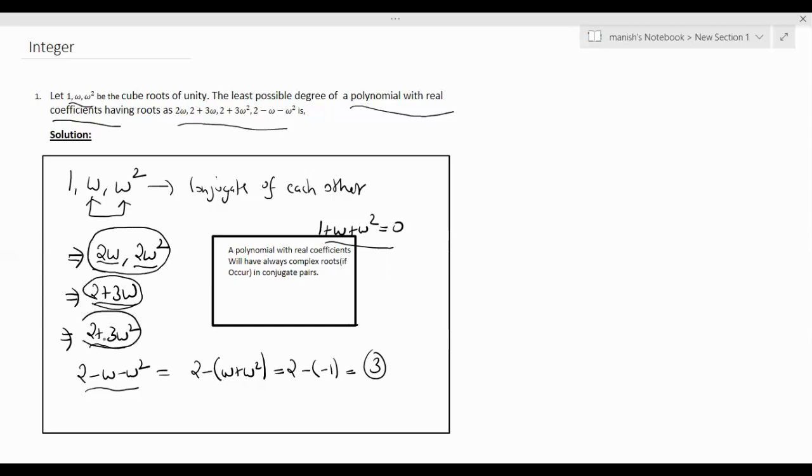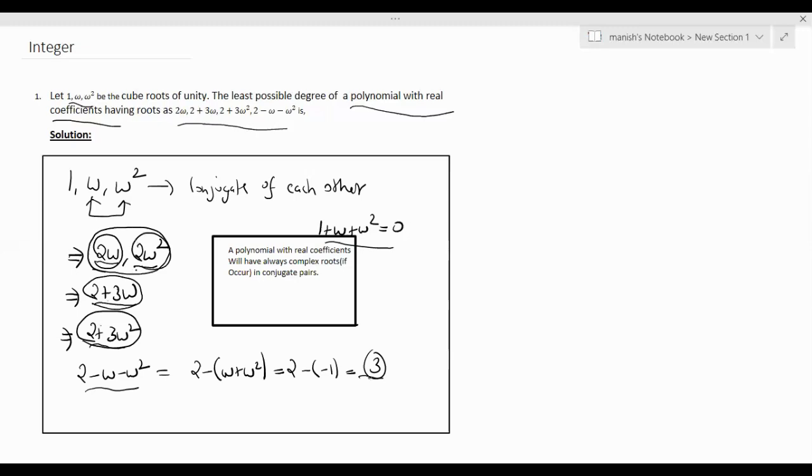And the last, we can see that we have simplified it, and this root is coming out to be 3, and this is a real root. So it can occur as a unique root, so it need not have any conjugate. So how many distinct roots are we observing? 1, 2, 3, 4, 5.